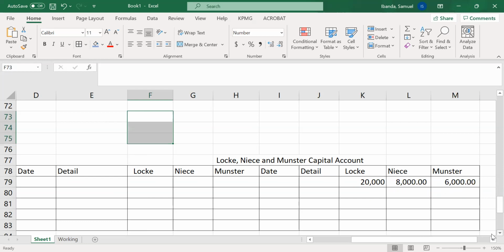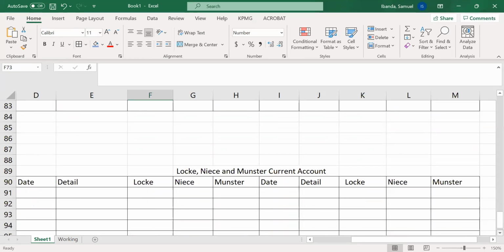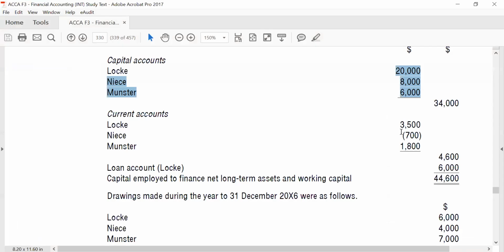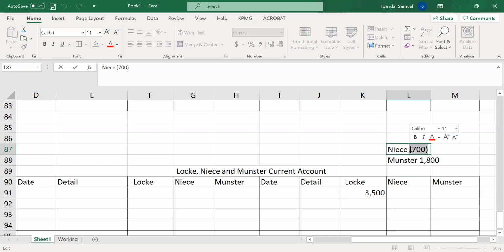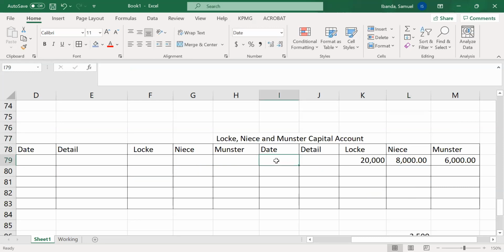Then the current account still has a normal credit balance. I also pick the balances. Can just copy it. Now, this one that has a negative balance, the balance is put on the debit side. So let me just record here.